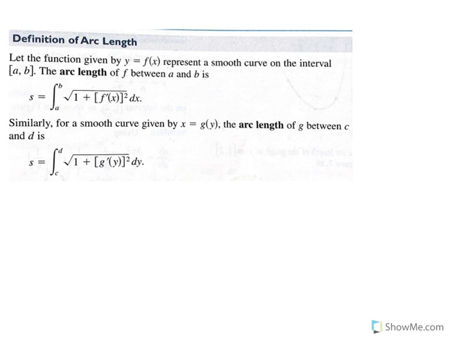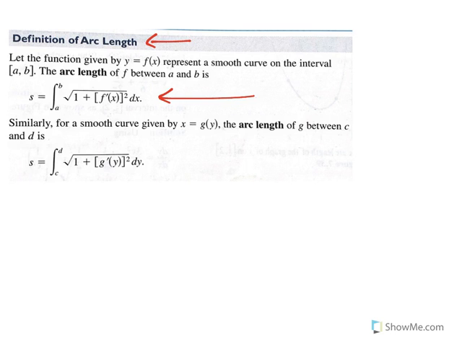At the end of our derivation, this is what we will come up with, which is, of course, what we used yesterday to do our homework problems, the definition of arc length. But I want to call your attention to one thing before we get started with the derivation. If you look at this definition, there is a prerequisite condition that your function f must satisfy.